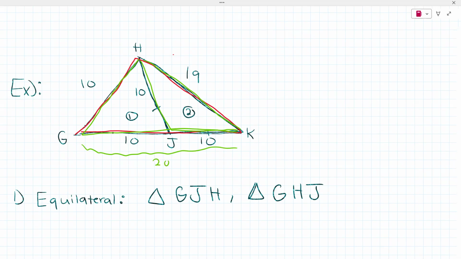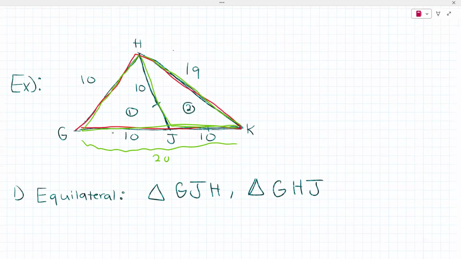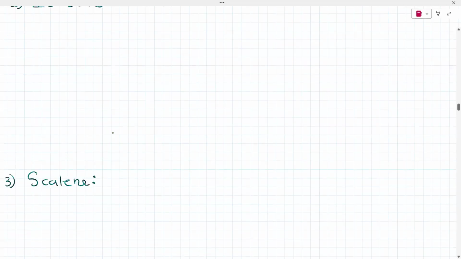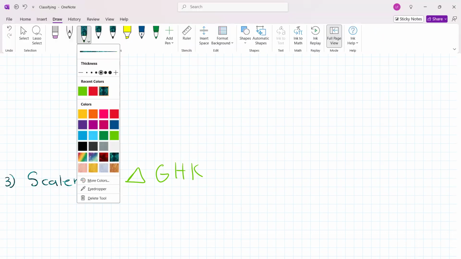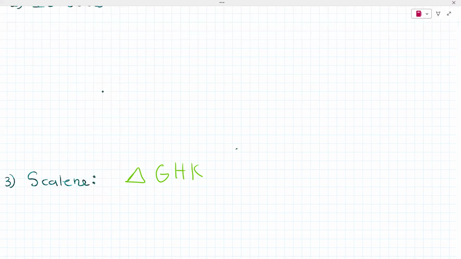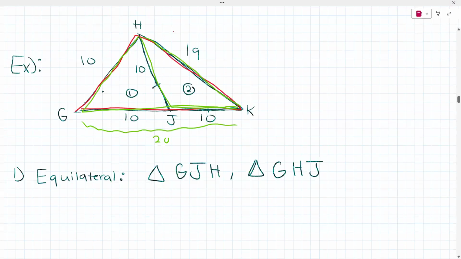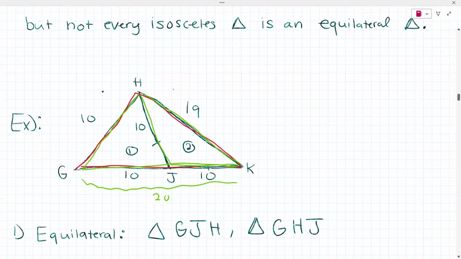See how they're not all the same? So that means you have a scalene. That could be expressed as triangle GHK. Okay, so that wraps up that question.